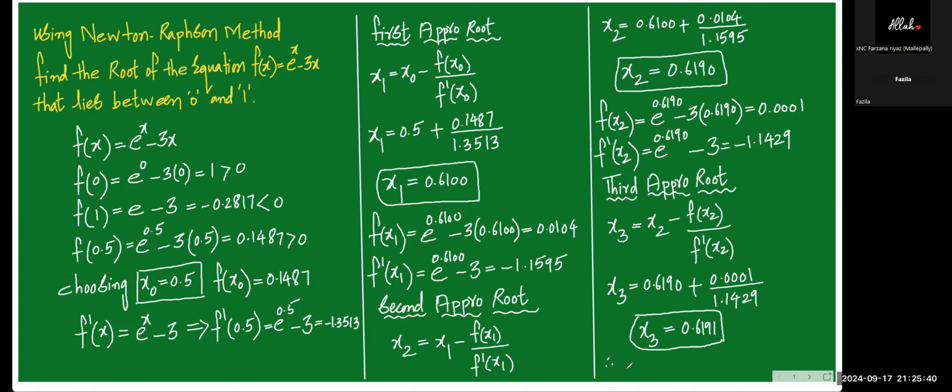Stop our process. The root of e power x minus 3x is 0.6191. That's it. This problem will be completed.